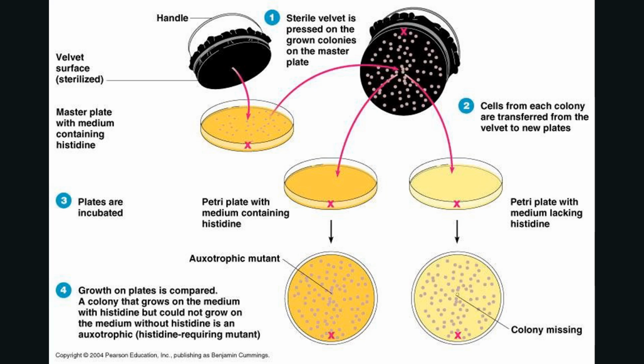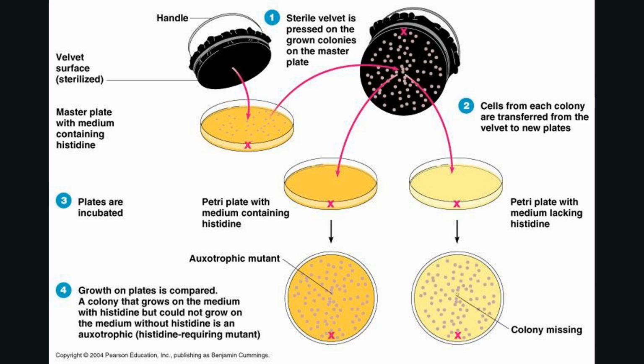These colonies that do not appear in the minimal medium are the target for us in step number 5. We have to sequence the colonies that fail to grow in the minimal medium.